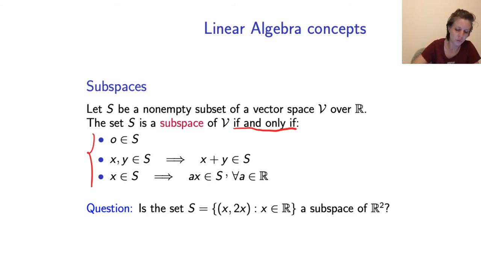The first one: the zero element is contained in S. Second: if you have two elements x and y in S, the sum should stay in S. And third: given x in S, for every a, a times x also belongs to S.